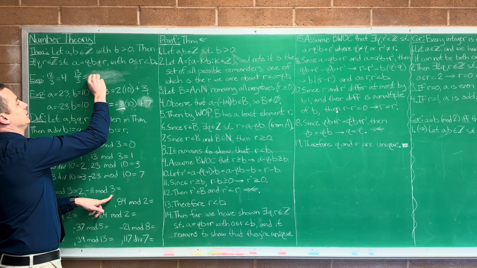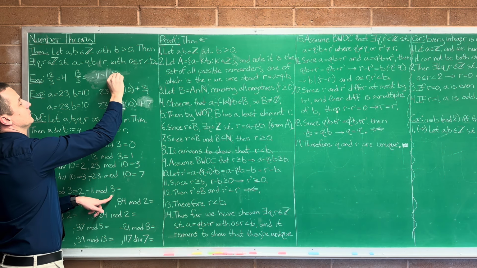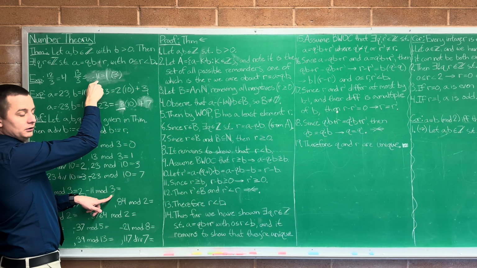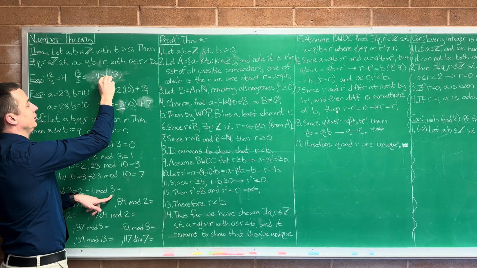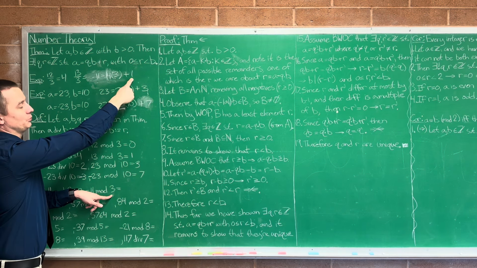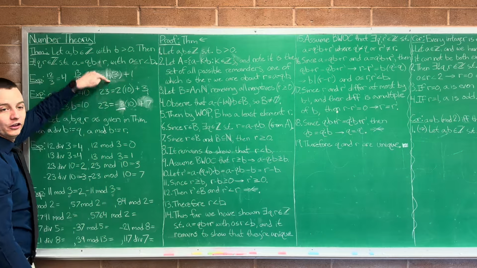So negative 11 is equal to how many 3's? How many 3's do we have in negative 11? Negative 4. Yeah, not bad. And then plus 1. What's negative 4 times 3? Negative 12. Plus 1, negative 11. So remember, this number is always one lower than what you want.